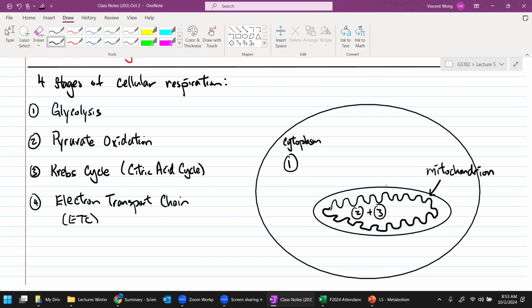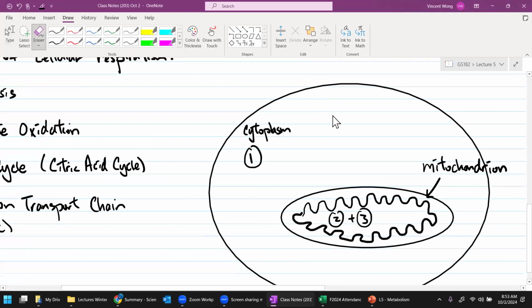Does anybody remember the name of this part of the mitochondria? Like a famous movie with Keanu Reeves. You guys know where that is? What is it? The Matrix, that's right. Okay, so steps 2 and 3 happen in the matrix.